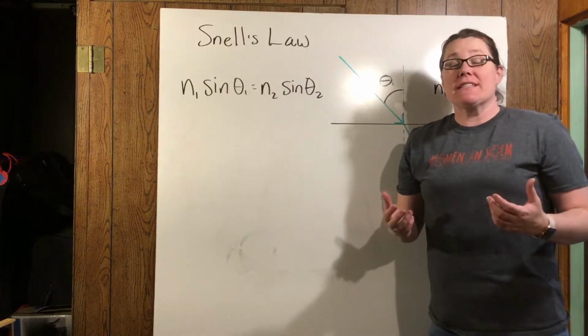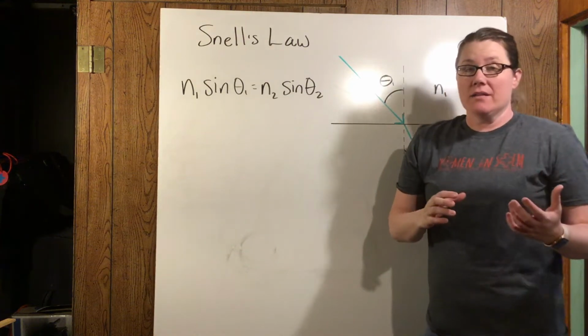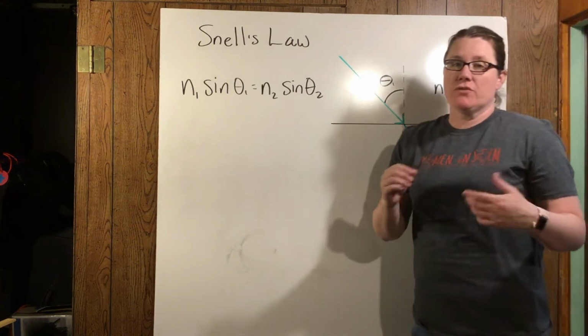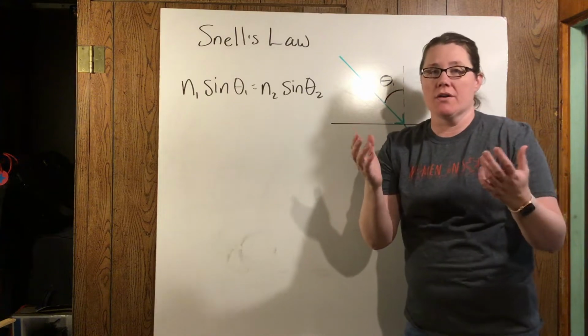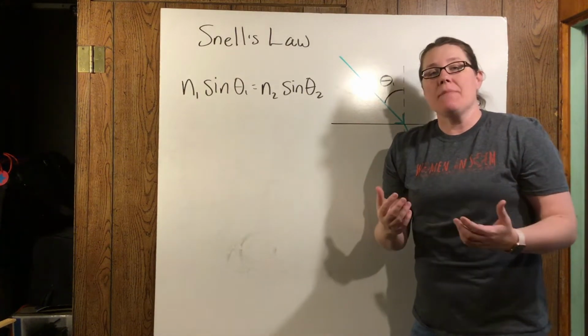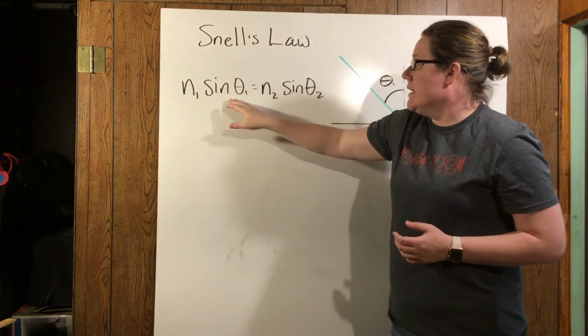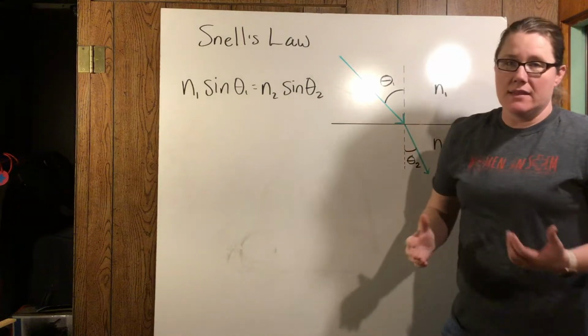Snell's law explains a little bit mathematically why you see something different from the air to the water, or really any one substance to another. And this is what Snell's law looks like: n1 sine theta 1 equals n2 times sine theta 2.